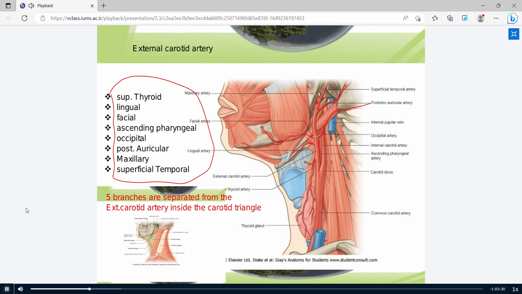The terminal branches of the external carotid artery consist of the superficial temporal artery and maxillary artery. The maxillary artery goes to the infratemporal fossa, and the superficial temporal artery goes to the skull and temporal region.